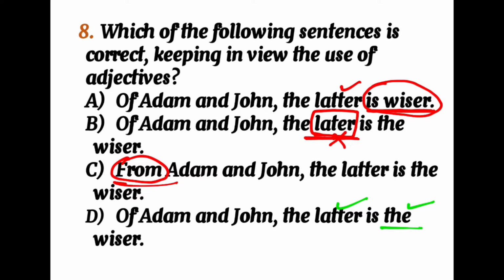What is the rule? The rule says that if we use such structures as of the two and of Adam and John, of two again, the one is the comparative, right? This is the rule. We can also say that if there is no than, that is, than with a comparative adjective, we usually add a definite article with that thing.